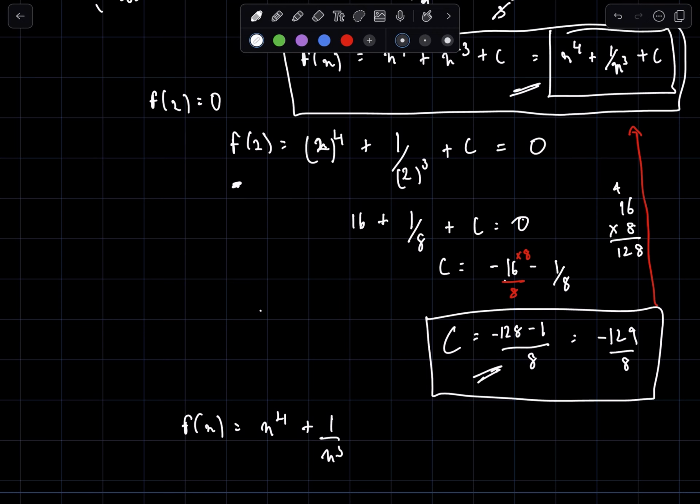Now we know what the constant value is, minus 129 by 8. And so the answer is option A. Yes, option A. So option A in your textbook should be the right answer.